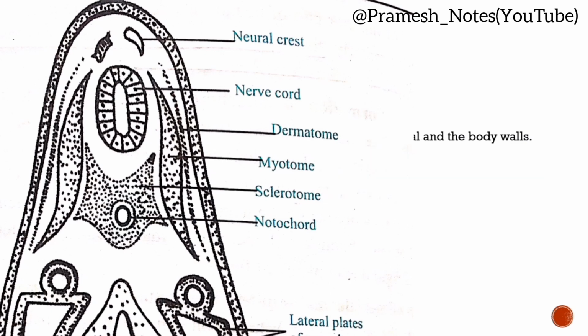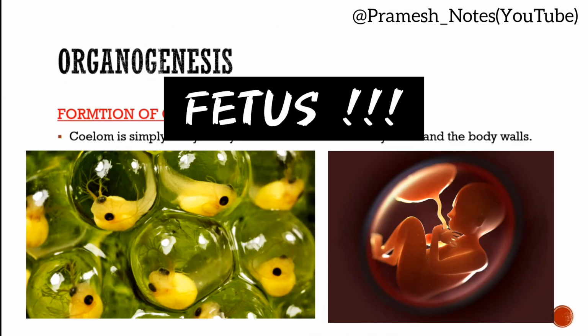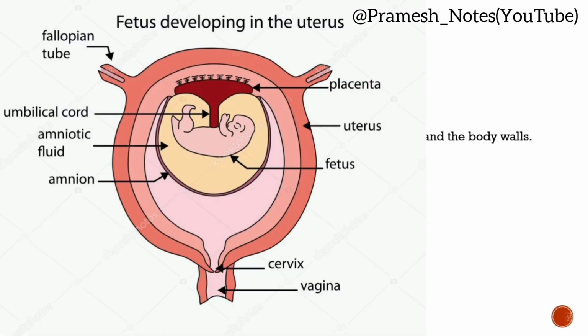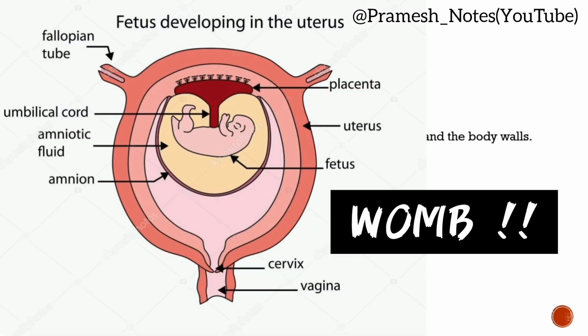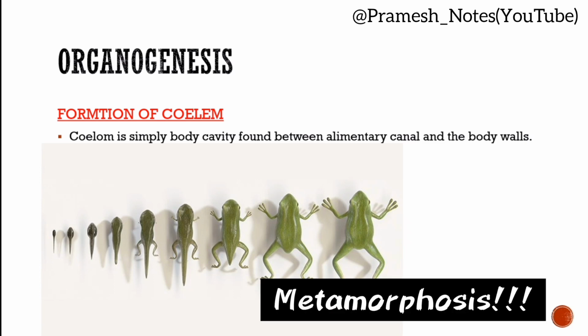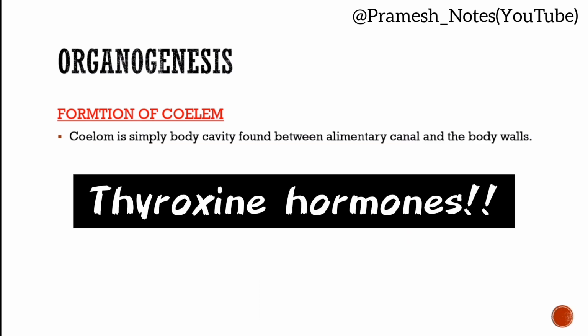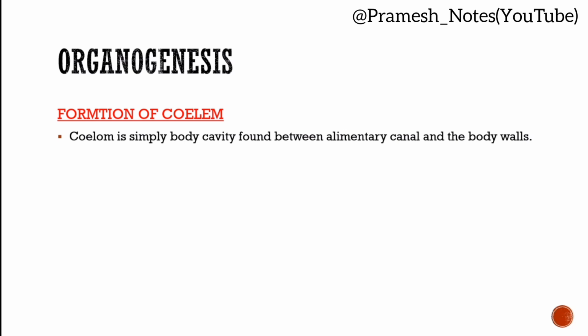After this development and a lot of changes, the new structure of the embryo is called a fetus. Further development in humans happens inside the mother's womb, and in the case of the frog, the tadpole converts into a frog by different levels of development that we call metamorphosis. This metamorphosis is stimulated by thyroxine hormone secreted by the thyroid gland.